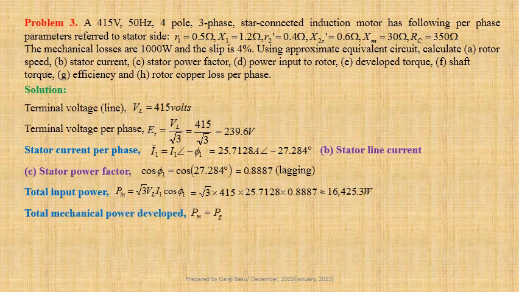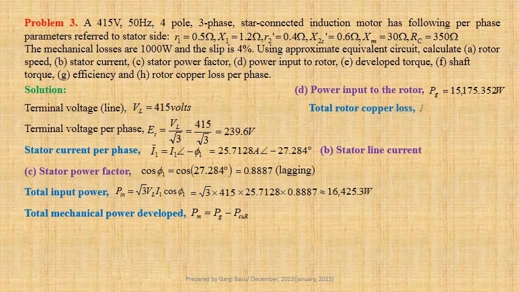Now we shall determine total mechanical power developed. Pm equals Pg minus P copper R. We have determined power input to the rotor Pg equals 15,175.352 watt and total rotor copper loss P copper R equals 607 watts.